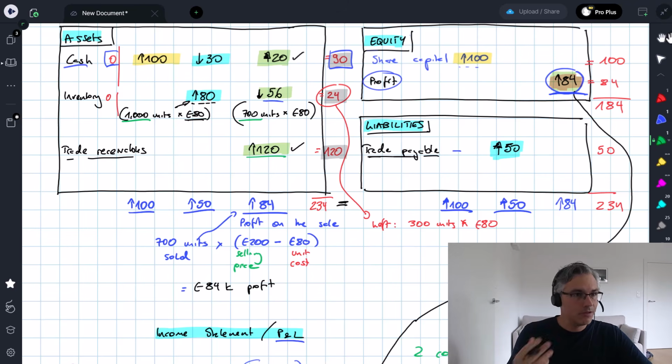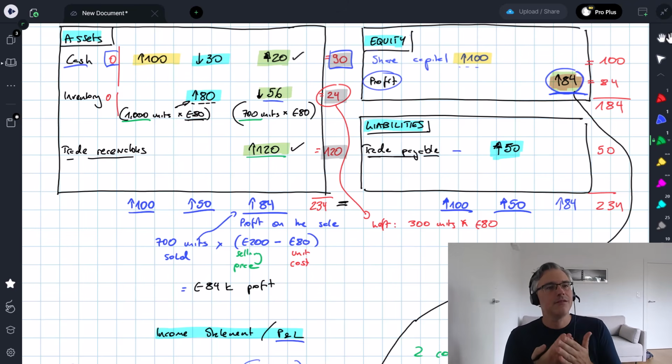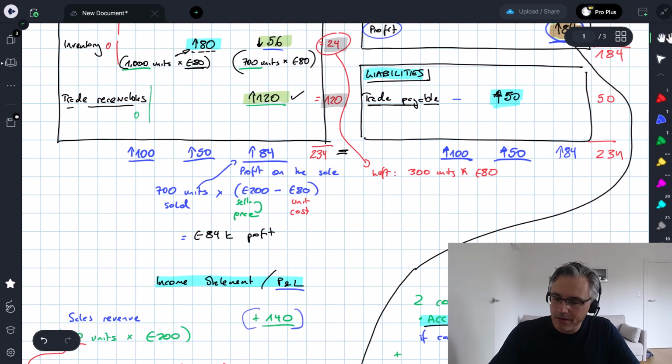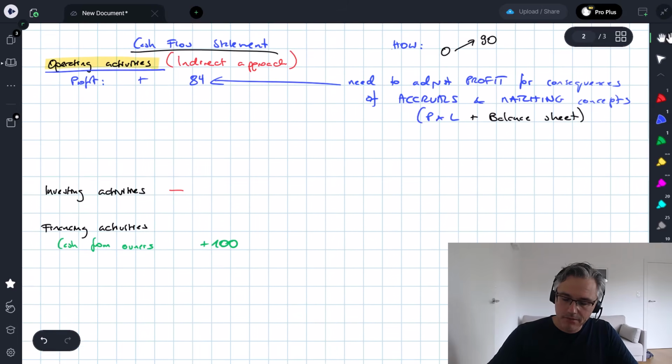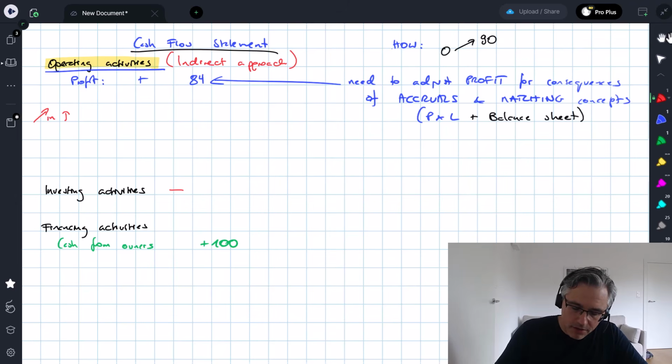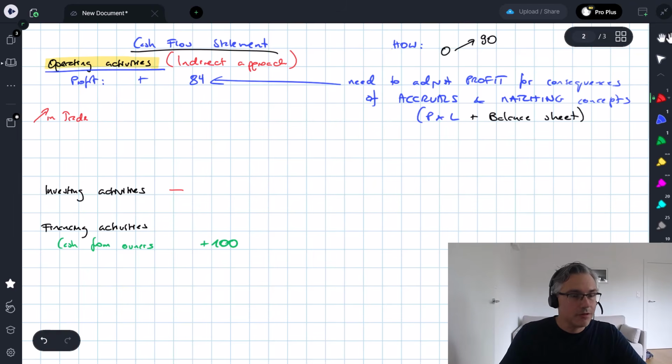Trade receivables, 120,000, is what I am still waiting for clients to pay me. Now, I began the story with no trade payables, and then I finish with 120k of trade payables. So, the fact that there was growth in trade payables, I keep saying trade payables, but I should be saying trade receivables.